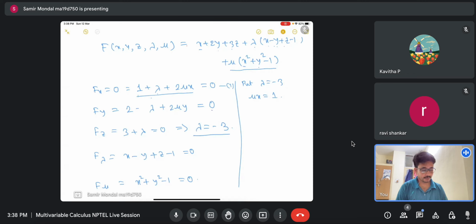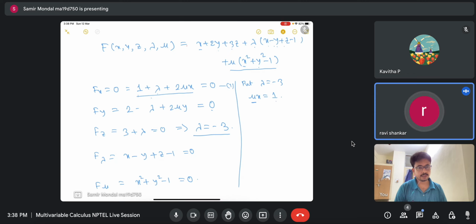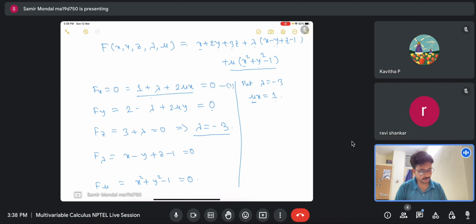So what about mu? Can mu be 0? Suppose mu is 0. It should not be possible. Lambda and mu should be non-zero. Mu and x are also non-zero, so we are getting x equal to 1 by mu.